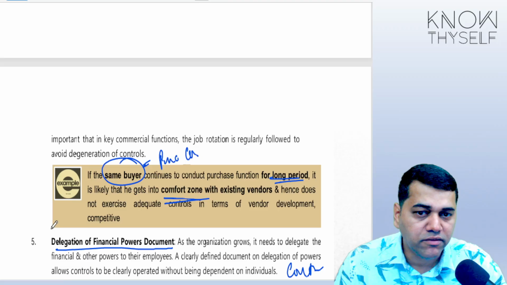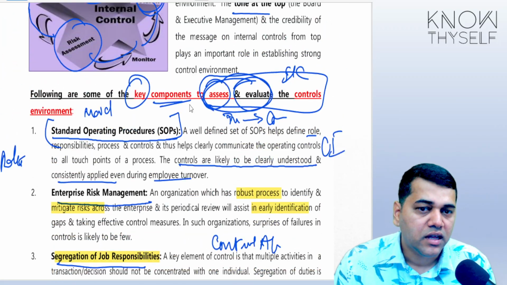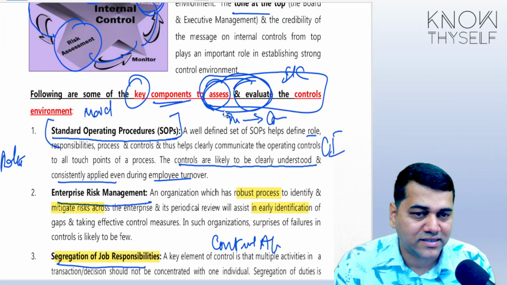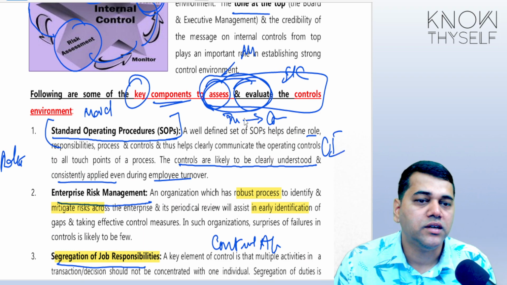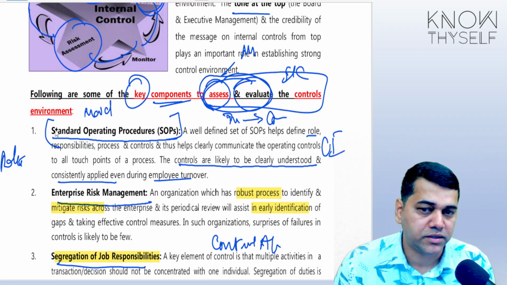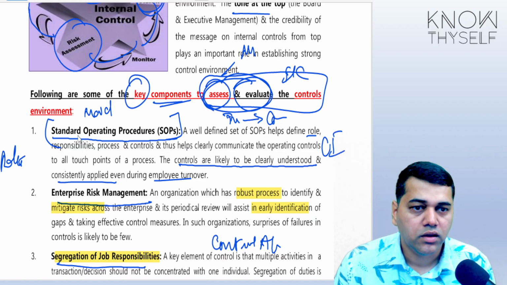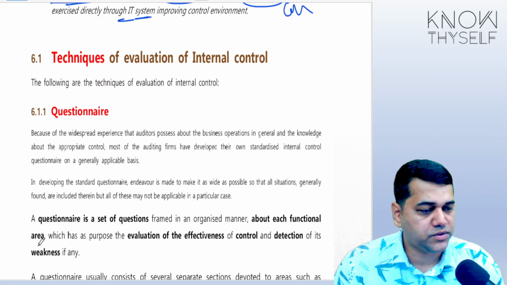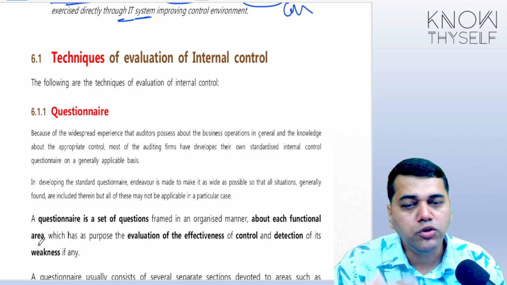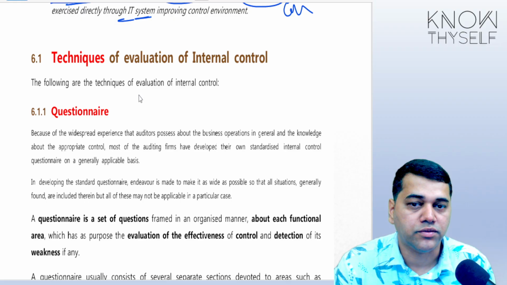Okay, so the keyword in the examination is key components to assess and evaluate. Assess means measure, and evaluate the control environment. Now comes the important part. How do you evaluate the internal control?